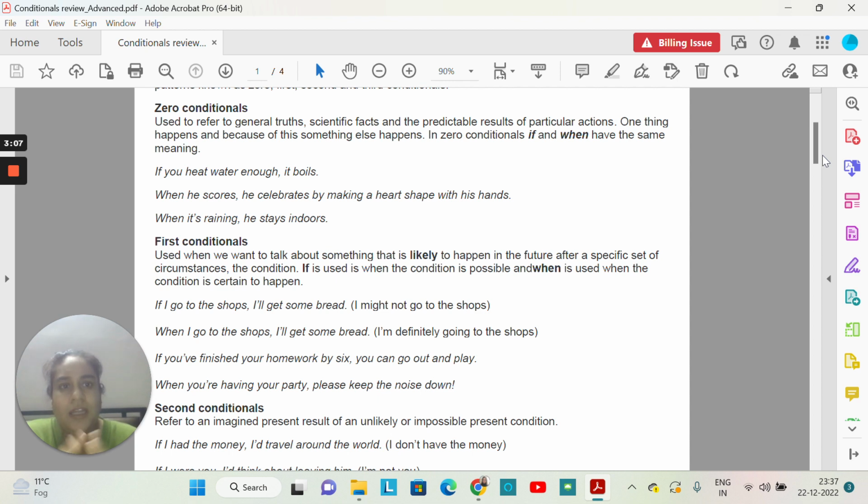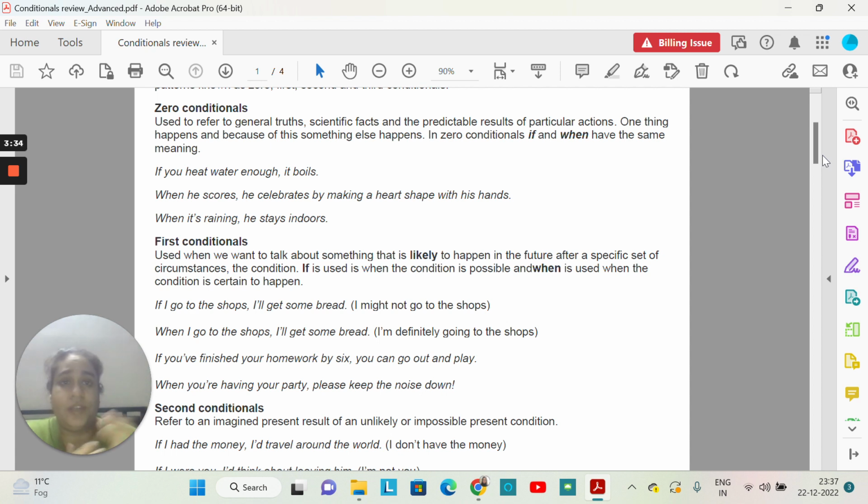All right. Now again we need to understand that in zero conditionals, one thing happens because something else happens. It'll be easy to understand through examples. Fine. Let's understand with an example how zero conditionals are framed. If you heat water, it boils.